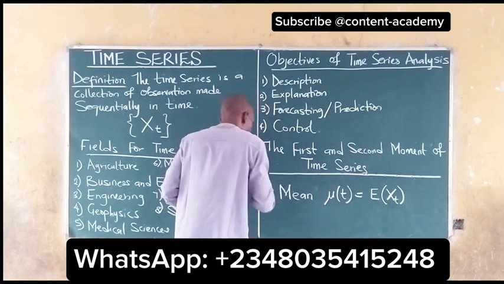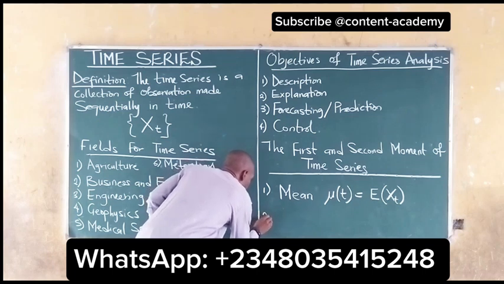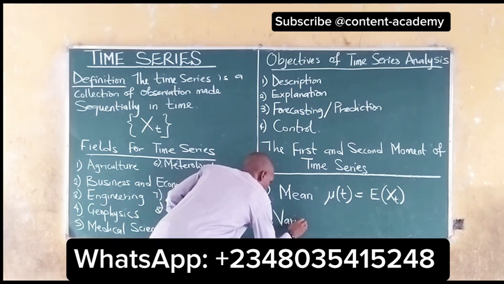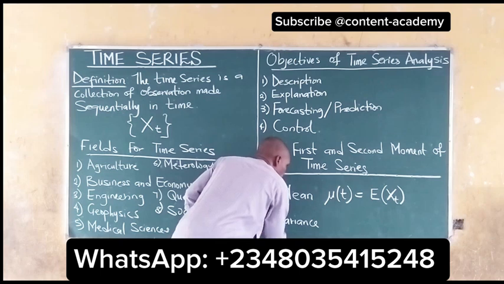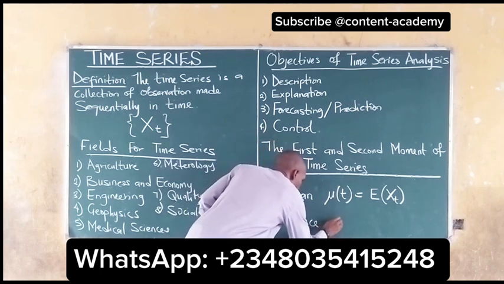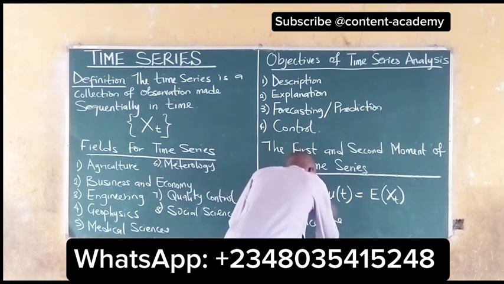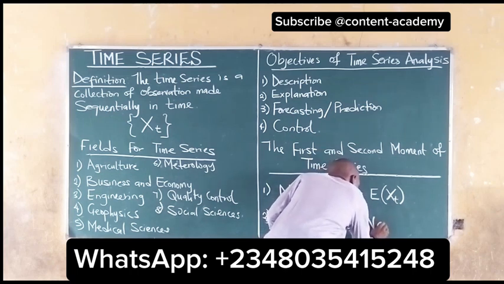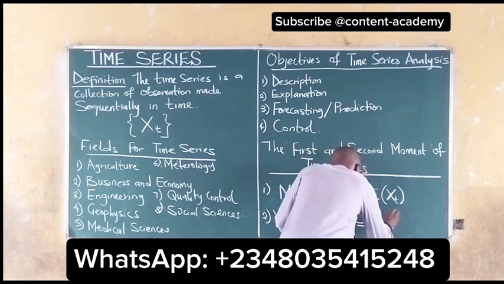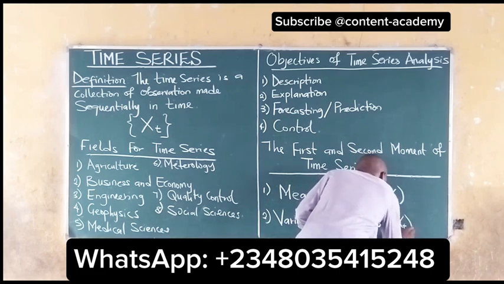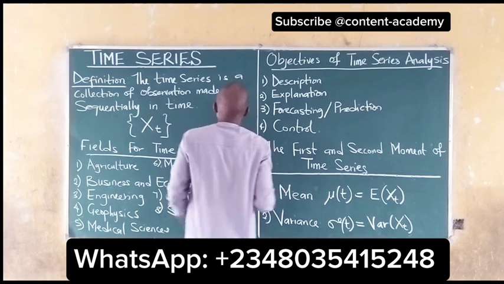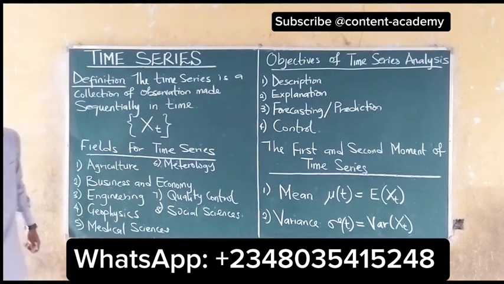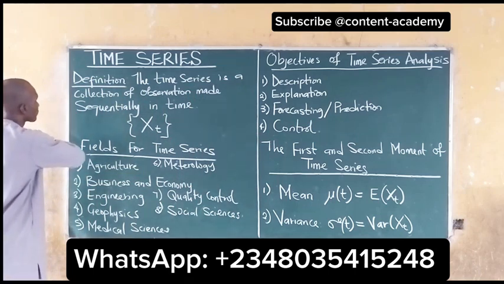Also, we have the variance, denoted as sigma squared t, which can be written as the variance of xt. And this is also equal to, so we'll move over to the other side of the board to finish that. We have to clean this side.